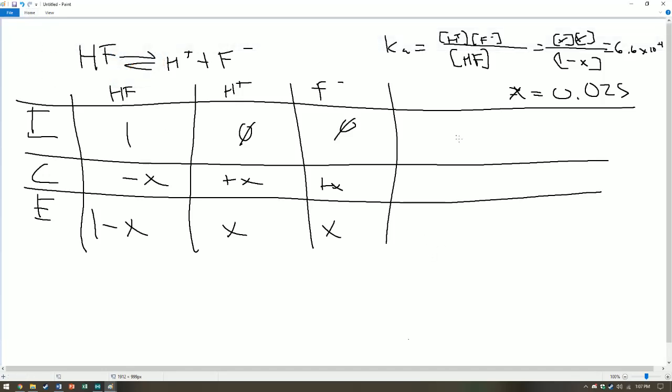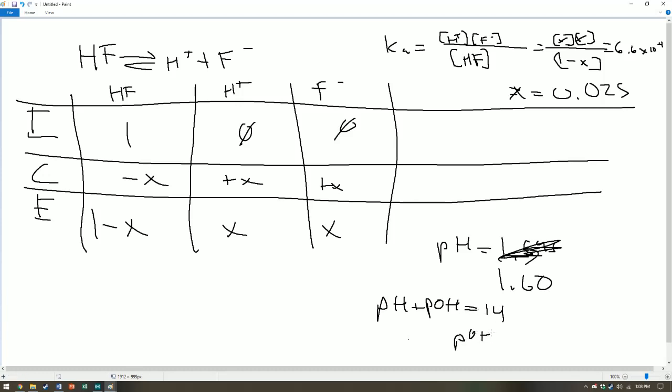So when we do our calculation, pH equals 1.595. Okay, now I have to change that. It should be 1.60. And since it asks for pOH and not pH, we know that pH plus pOH equals 14, and therefore pOH equals 12.4. Yeah, 12.4. That's our pOH.